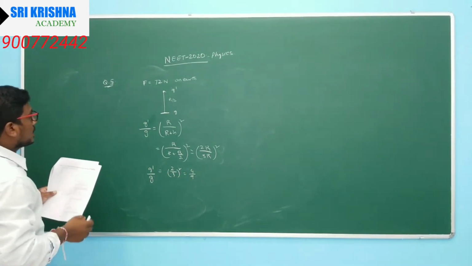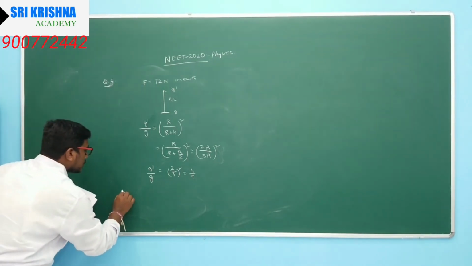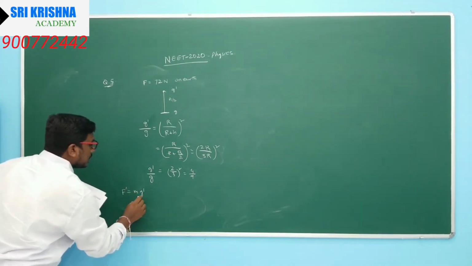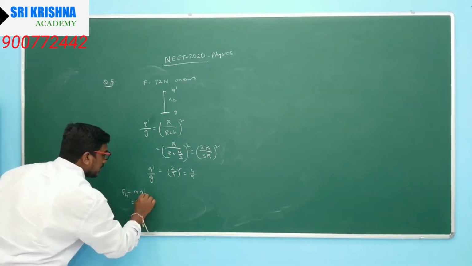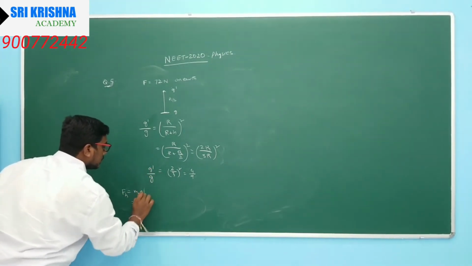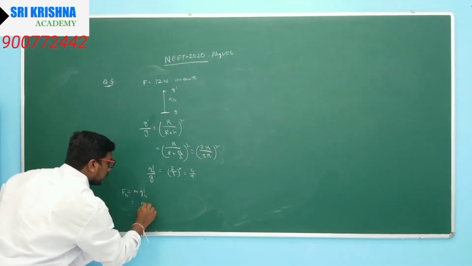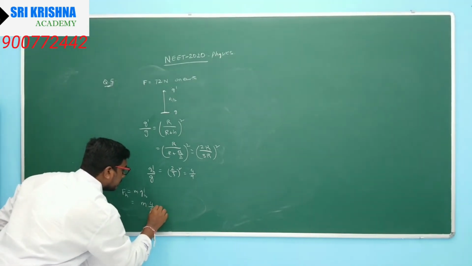What is the question asking? The gravitational force, that is m g dash, at a particular height h, let's say Fh. So m into gh is 4 by 9 g.